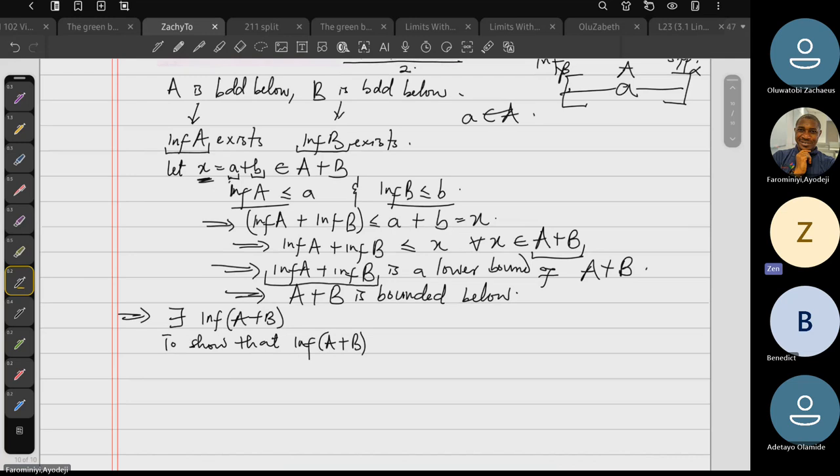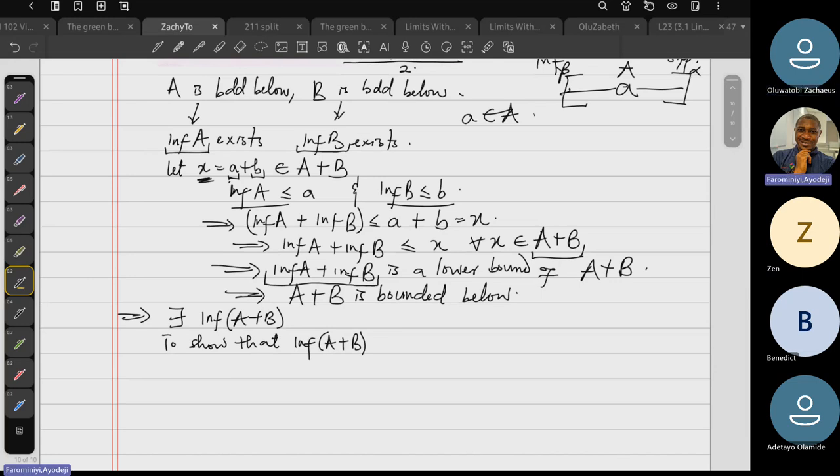That means A plus B is bounded above, is that it, sir? Yes. Because we found that the infimum of A plus the infimum of B is less than or equal to all the elements in A plus B, it means it is a lower bound. And if there is a lower bound, then A plus B is bounded below. And that guy that is a lower bound is a candidate for the infimum of A plus B.